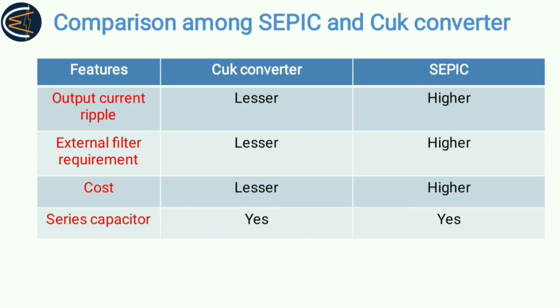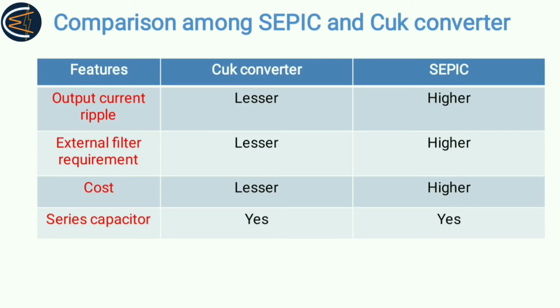In case of buck boost converter, such an arrangement is not there. But here the capacitor is connected in series, so in case of high load current, the capacitor should be capable enough to handle that amount of current. So the current rating should be very high for the series capacitor, and as a result the cost may increase.